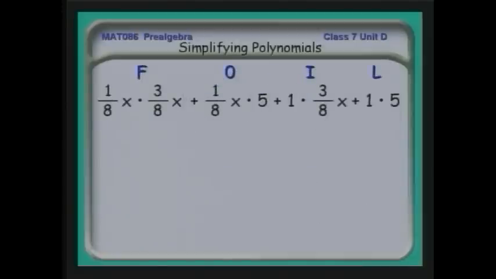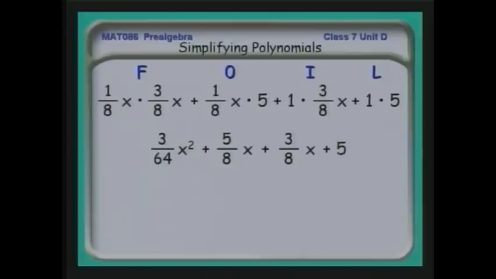We need to multiply 1/8 x times 3/8 x, and 1 times 3 is 3, 8 times 8 is 64, x times x is x squared. Next we have 1/8 times 5 times x, that gives me 5/8 x. Then we have 1 times 3/8 x, which gives me 3/8 x, and finally a 5.